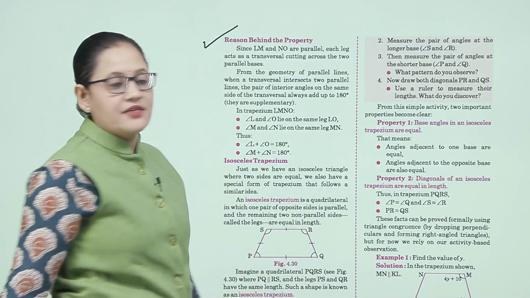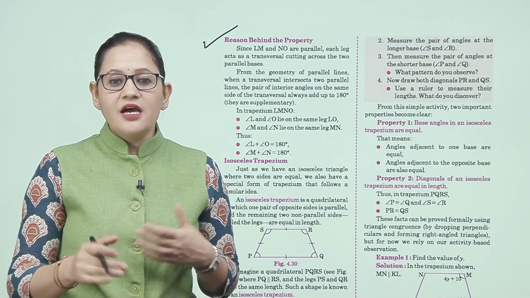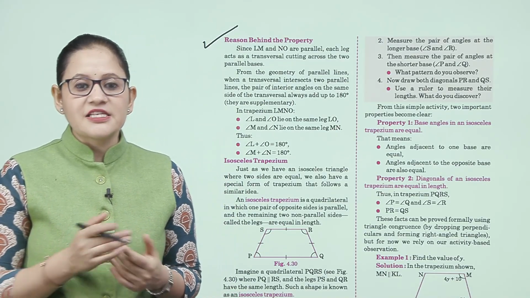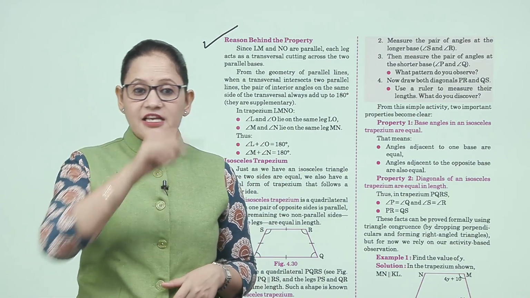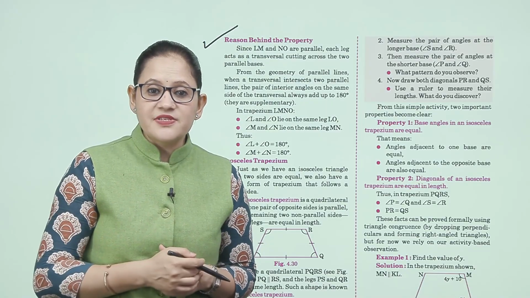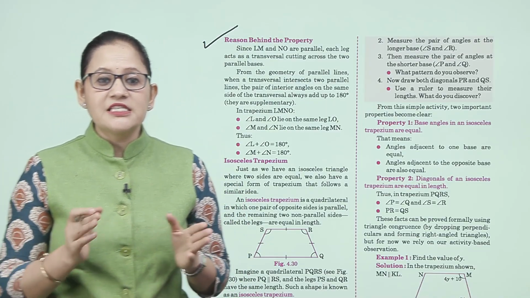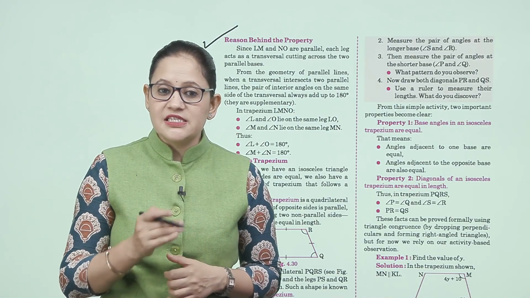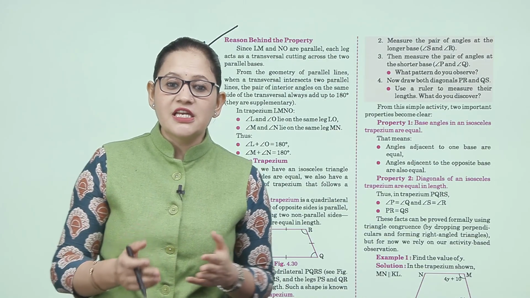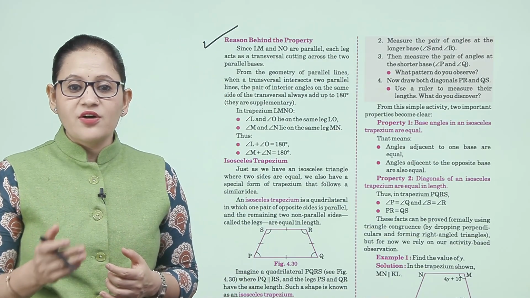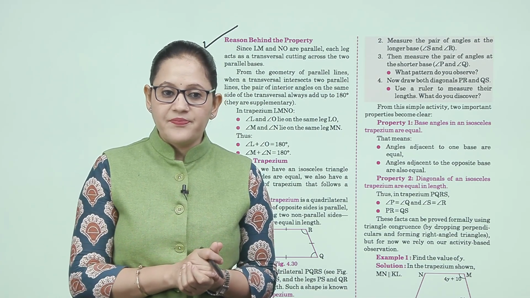Reason behind the property: sides LM and NO are parallel to each other and each leg acts as a transversal. Each leg is a transversal cutting across the two parallel bases. From geometry, when a transversal intersects two parallel lines, the pair of interior angles on the same side of the transversal always add up to 180 degrees, meaning they are supplementary.